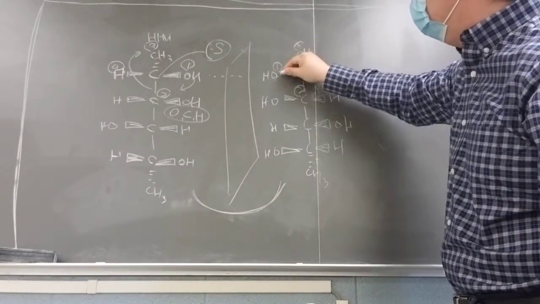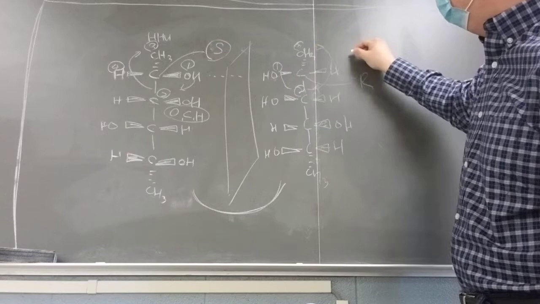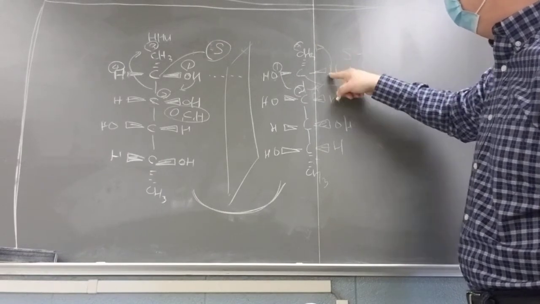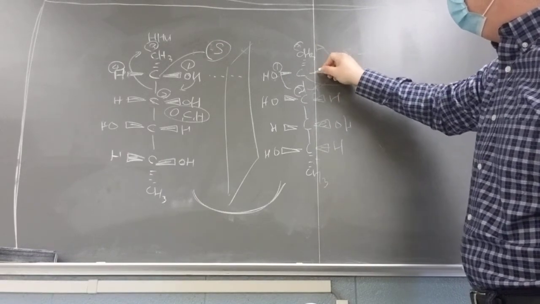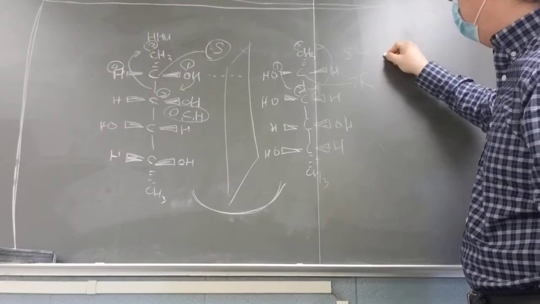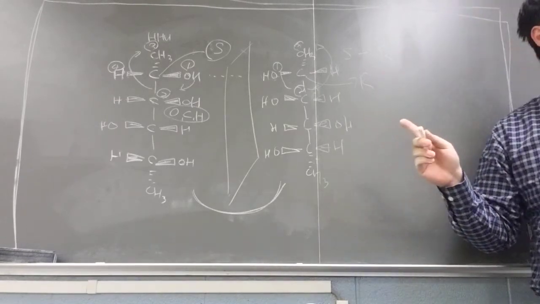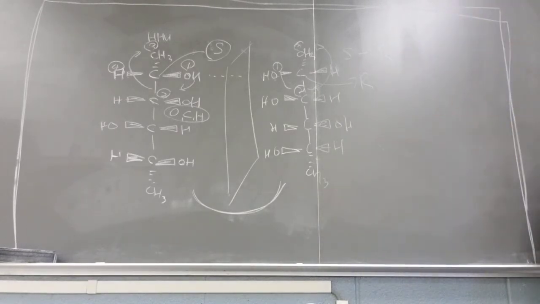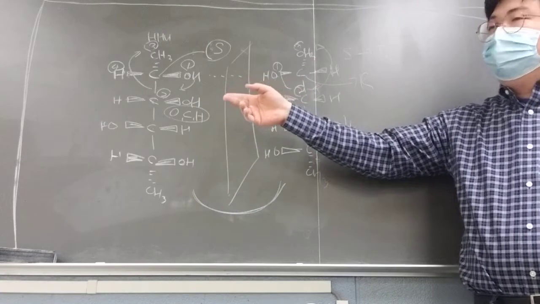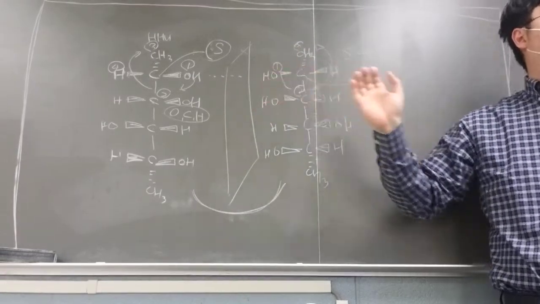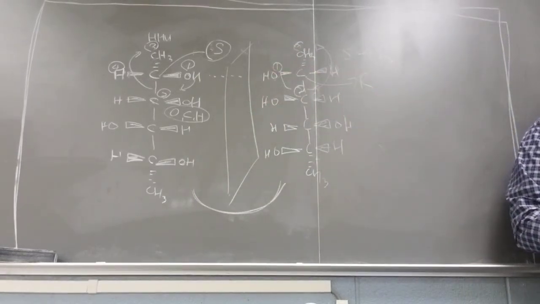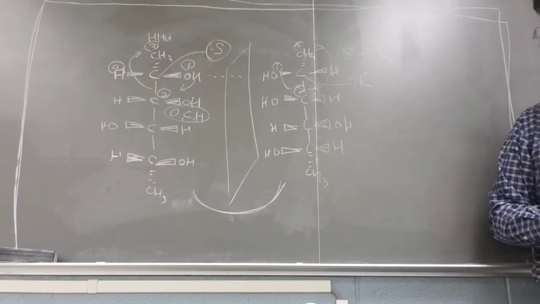If you look at this one, 1, 2, 3, counterclockwise would be S, but this is still heading forward, so it turns to R. You can double check the mirror image, but you don't have to, because it will be the inversion of the RS configuration. Make sense, right? Perfect. All right.